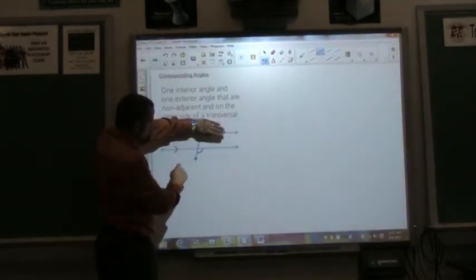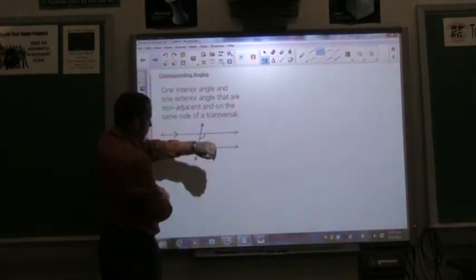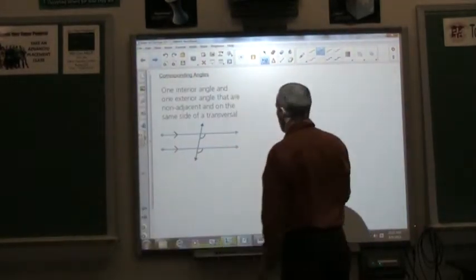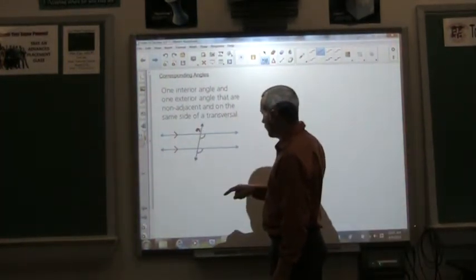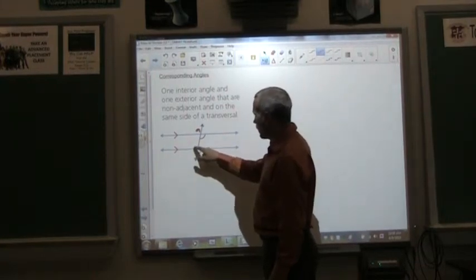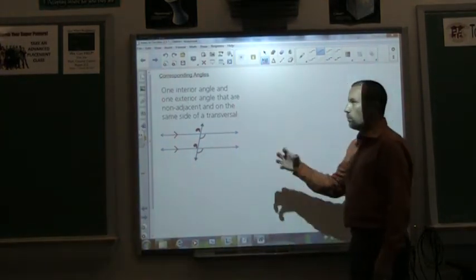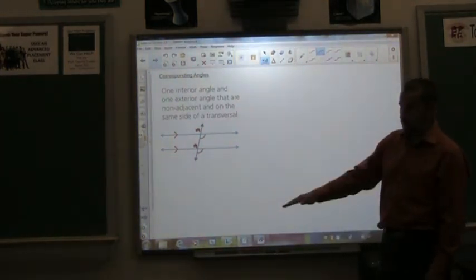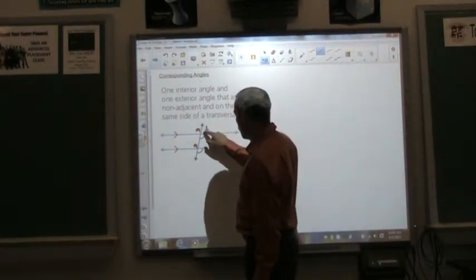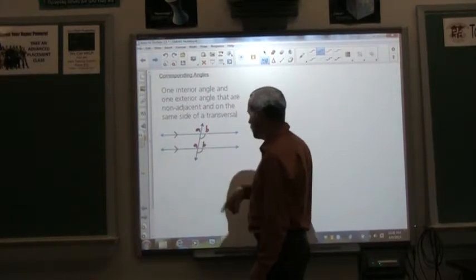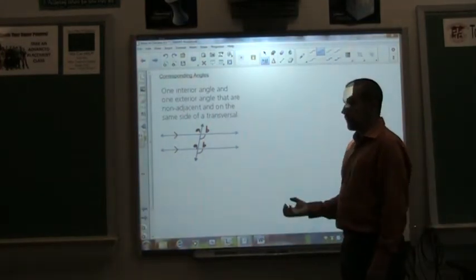So what this rule tells you is that if I have an angle here, the top left, then this angle down here, top left of the bottom parallel line and transversal, will be the same. Top left is equal to top left. And then again, if I look here, top right, these two will be the same. If they're in the corresponding position with one another, they're equal.